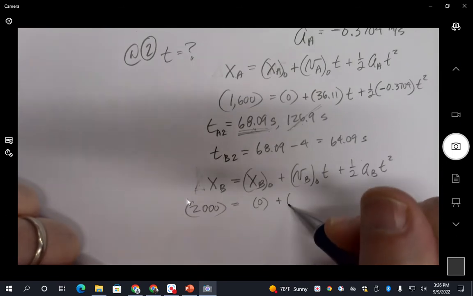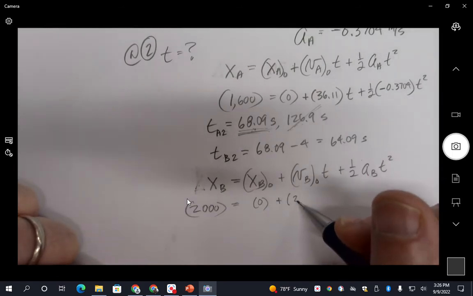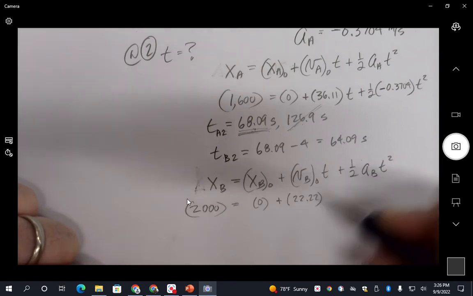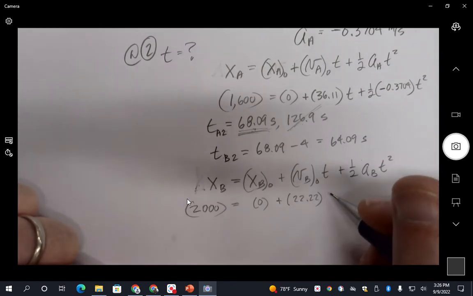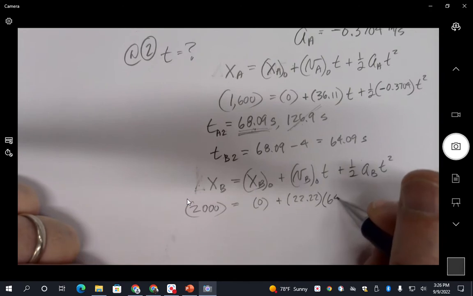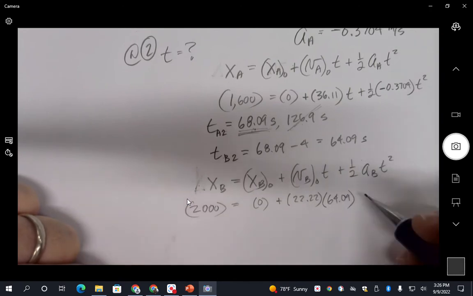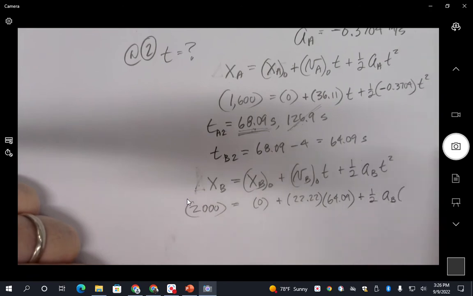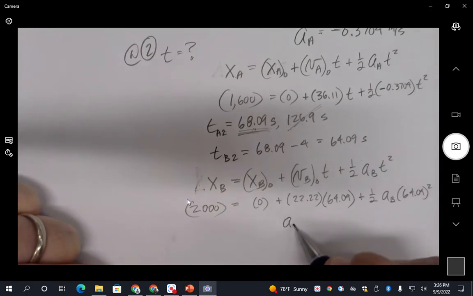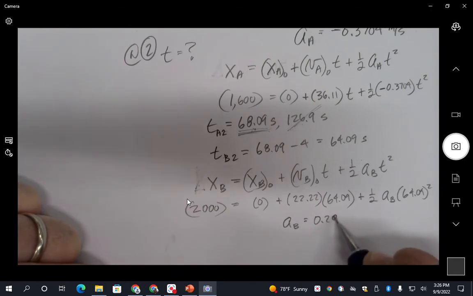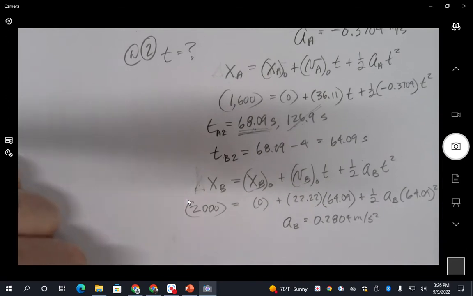We said he's starting out at 80 kilometers per hour, which we said was 22.22 meters per second. And the number of seconds was 64.09. And 1/2, and we're looking for the acceleration, and now it's 64.09 squared. So acceleration of B is going to be 0.2804 meters per second squared. Certainly, he must have been able to accelerate more than that, but that's how this thing turns out to be.